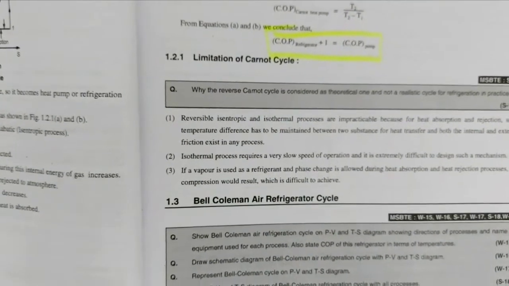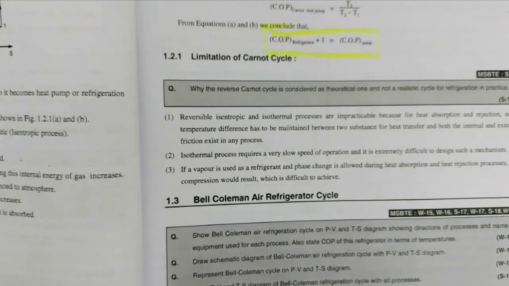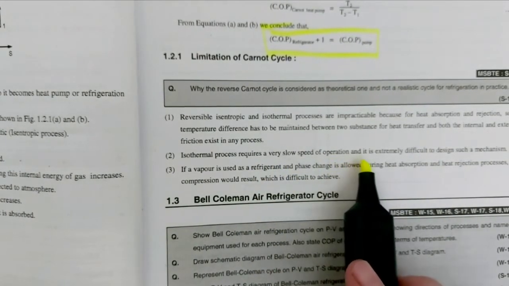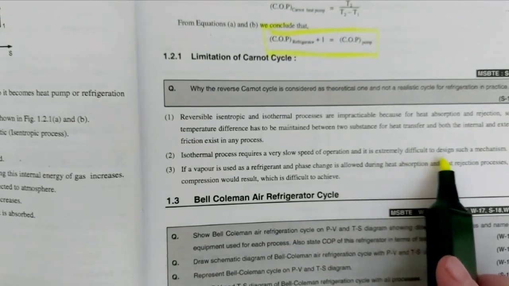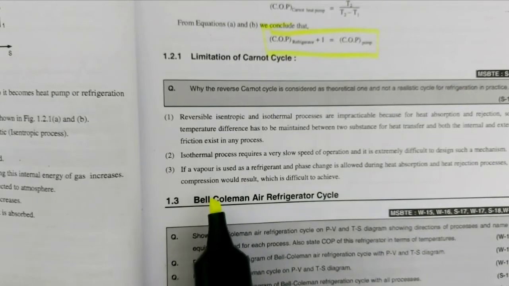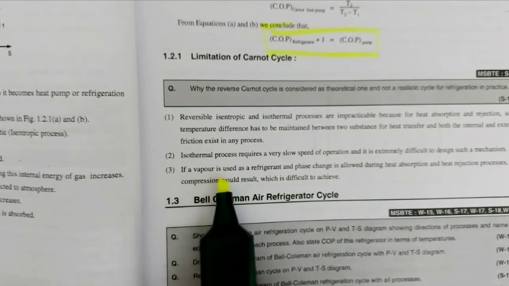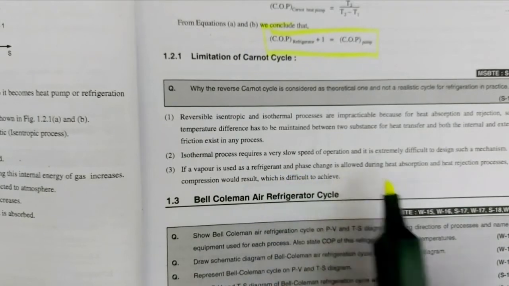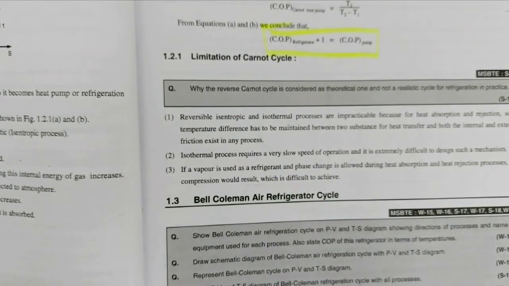Second, the isothermal process requires a very low speed of operation, and it is extremely difficult to design such a mechanism. Third, if a vapor is used as a refrigerant and phase change is allowed during the heat absorption and heat rejection processes, wet compression would result, which is difficult to achieve.